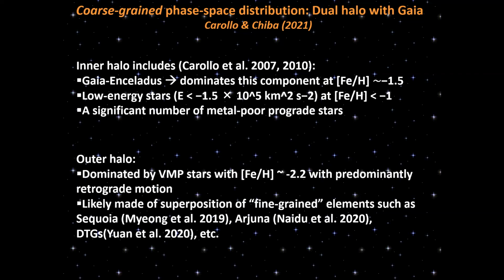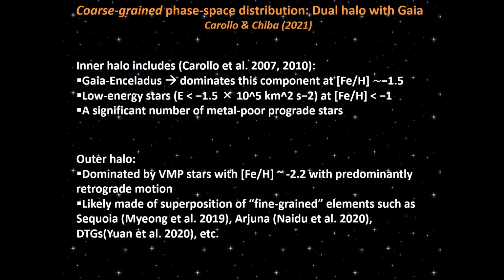The outer halo, on the contrary, is dominated by very metal poor stars with predominantly retrograde motion, and we think that it's likely made of many of the structures in phase space that are recognized with fine-grained phase space analysis, like, for example, this structure here, or the dynamically tagged groups.